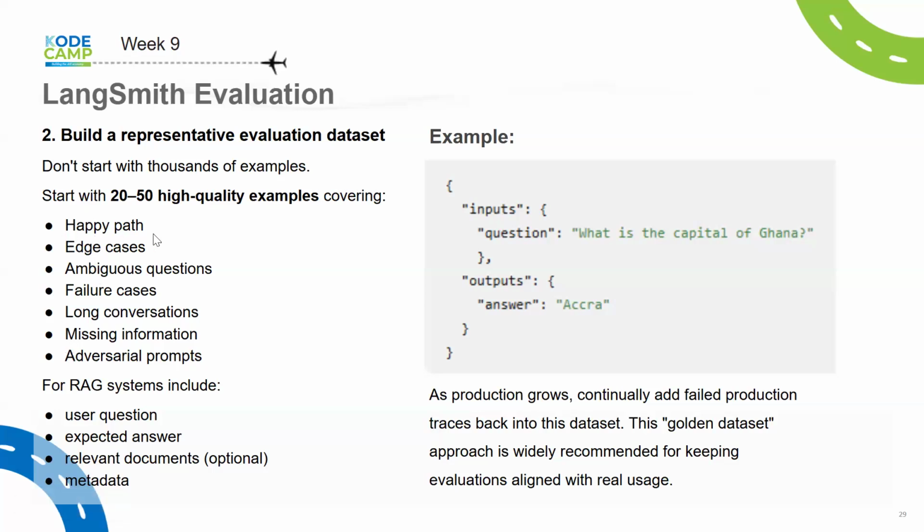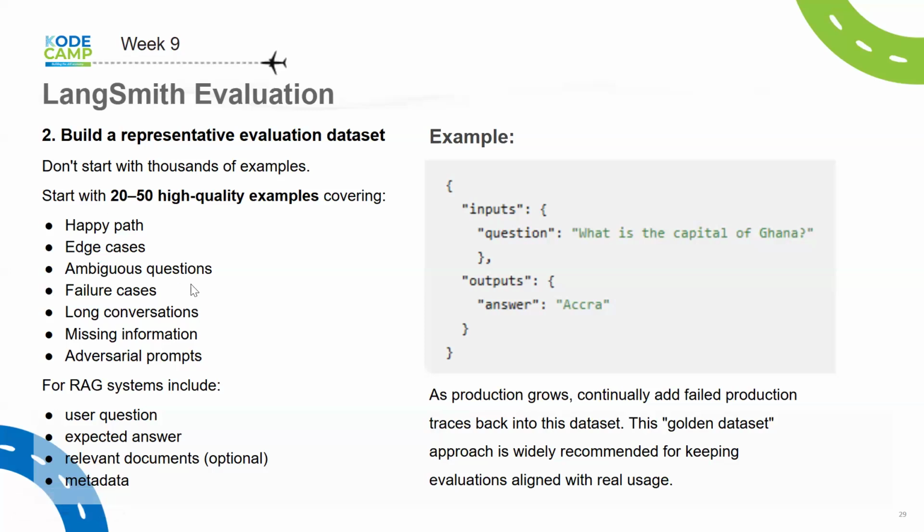Covering some of these areas. So happy path means the normal pathway that your code should flow, that the behavior of your app should be, right? No failures, no errors, no bad inputs from the user, no failures from the system and so on. So you have that where everything is correct the way it should be. Then you have edge cases, which are the examples that rarely happen, that you might not even think about.